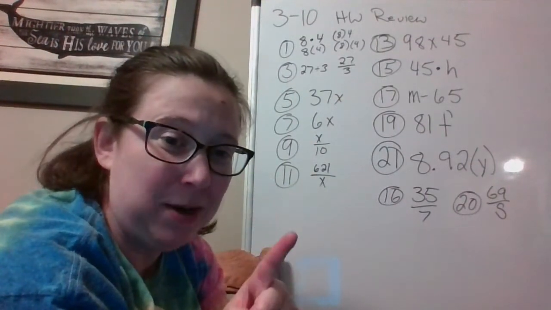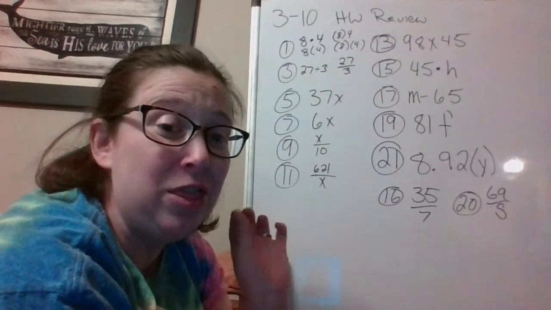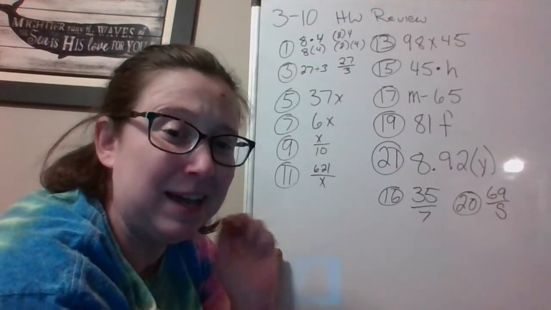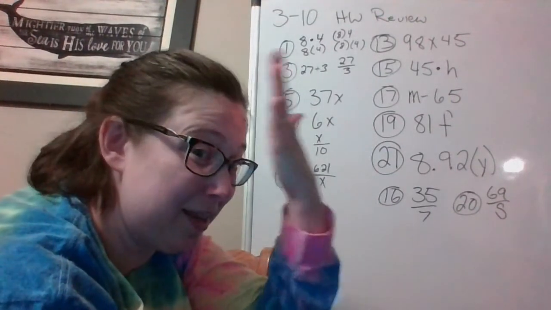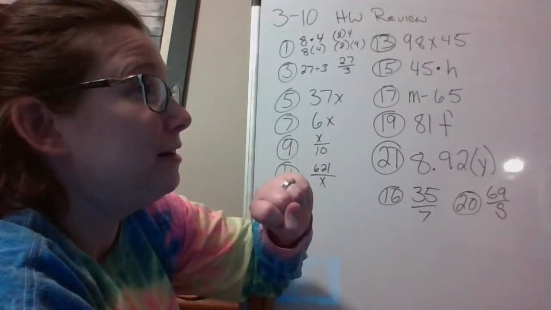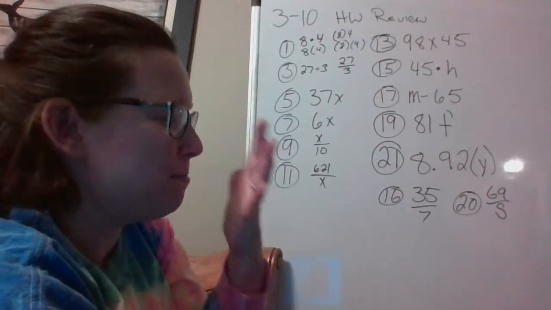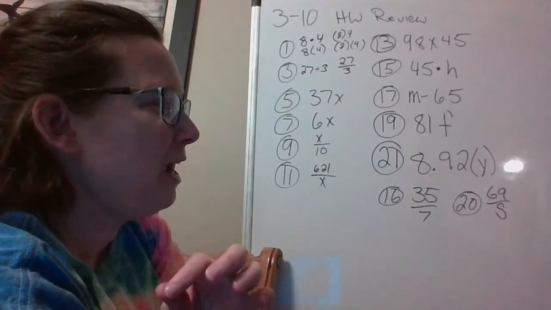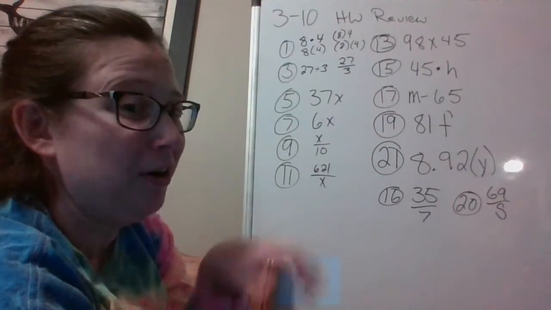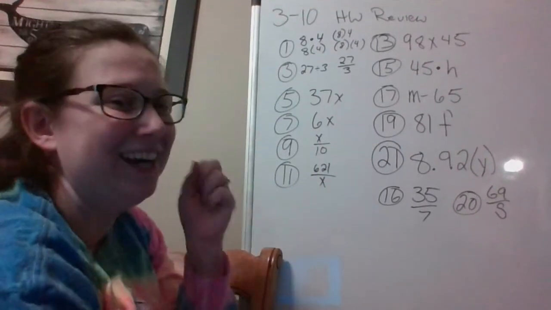Okay, let's try this one last time. It's a number, it's a number, it's a number. 69 divided by the number S, or the quotient of 69 and the number S.